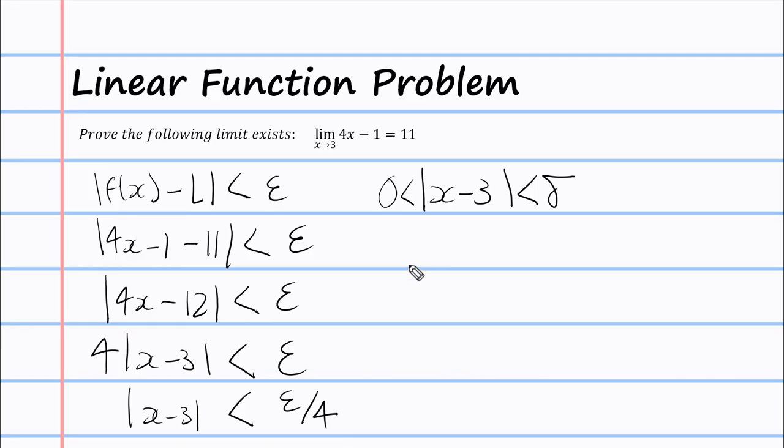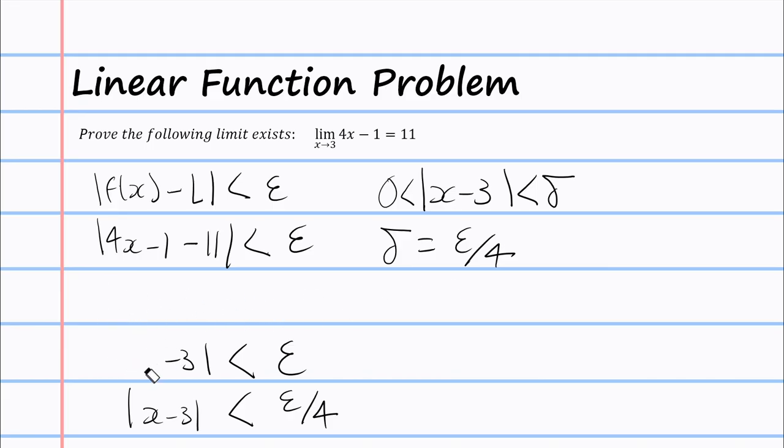So now we can just set delta equal to epsilon divided by 4. Now, how do we prove this? If we set delta equal to epsilon divided by 4, how do we prove that the limit exists? Well, I'm going to erase everything real quick.